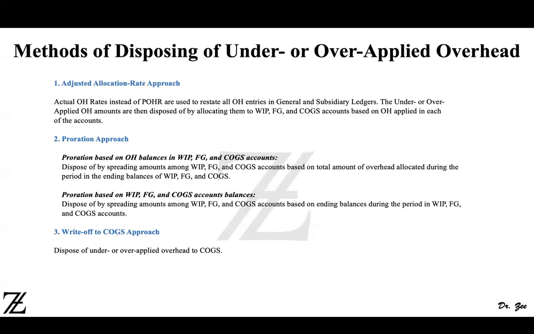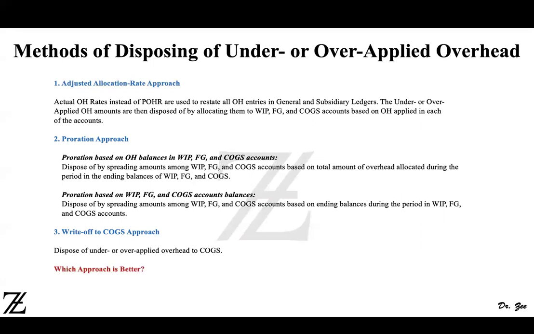Just close it to cost of goods sold. Do the journal entry and close it. How you perform the adjusted allocation rate approach, how you perform the two proration approaches, or how you close overapplied or underapplied overhead in the write-off to cost of goods sold approach, we are going to discuss in another video, but these are the three methods that we use.